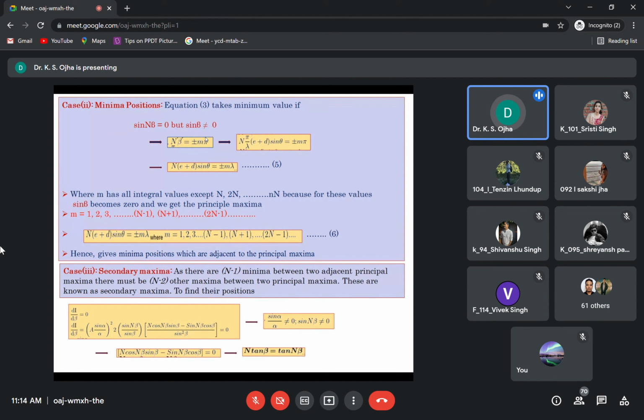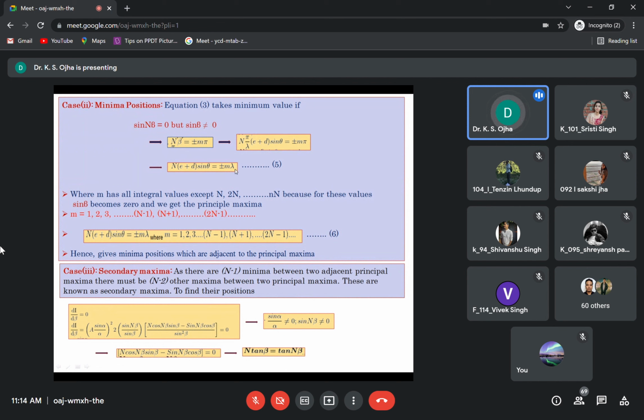What values we will omit, I am explaining. We put the value of beta: n pi by lambda times (e plus d) sin theta is equal to plus minus m pi. So n (e plus d) sin theta is equal to plus minus m lambda. This is the minima condition.